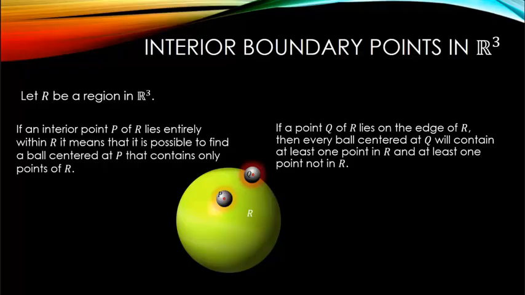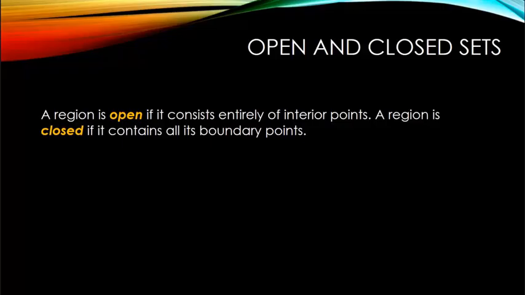Now I want to talk about open and closed sets very quickly. A region is open if it consists entirely of interior points. In other words, it doesn't contain any of the points on its boundary. And a region is closed if it contains all points plus the points on the boundary.